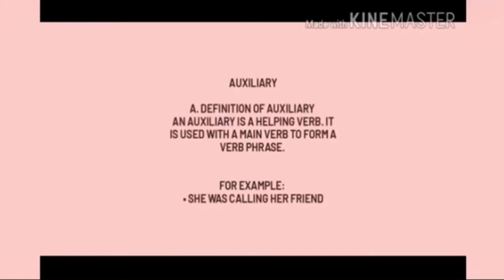The verbs be, have, and do are often referred to as primary auxiliaries. They have a grammatical function in a sentence. The words be, have, do, can, could, may, might, shall, should, must, will, would, use, need, dare, ought are called auxiliaries.